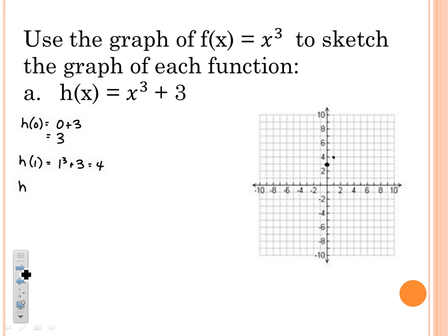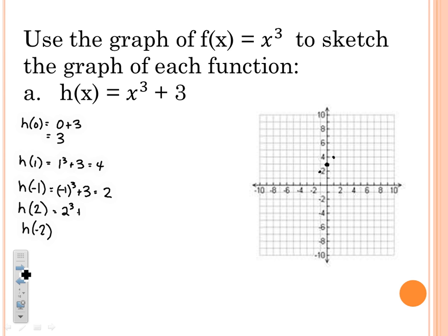Maybe we want to do h of negative 1, which is going to be negative 1 cubed plus 3, which is negative 1 plus 3, or 2. Go maybe another one out both directions, h of 2 and maybe h of negative 2, just to get the steepness of how the curve is going to take off.